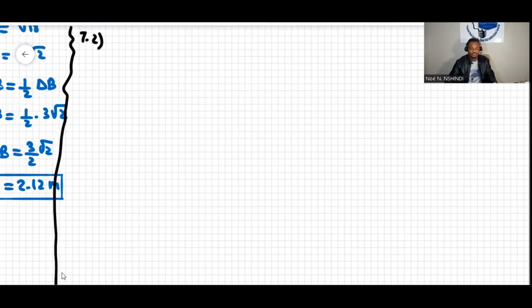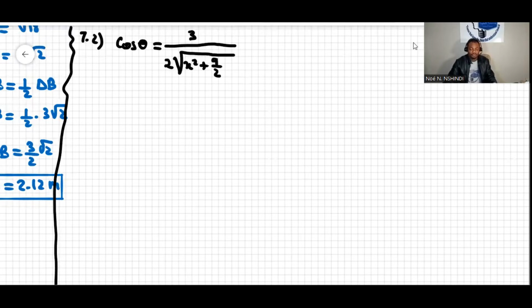We need to prove that cos of the angle theta will be equal to 3 over 2 square root of x squared plus 9 over 2.